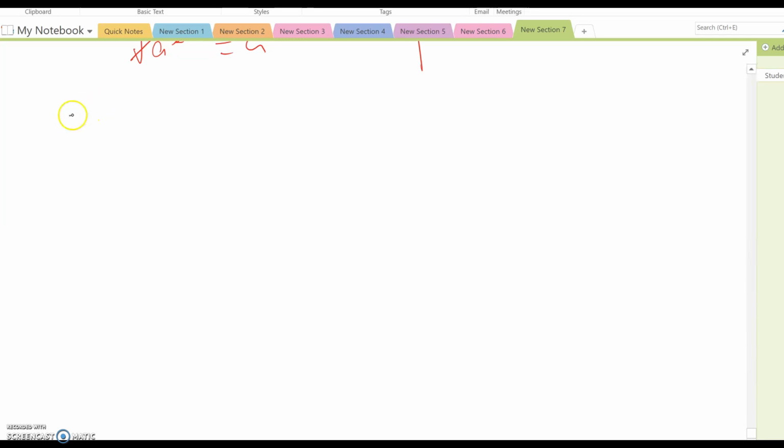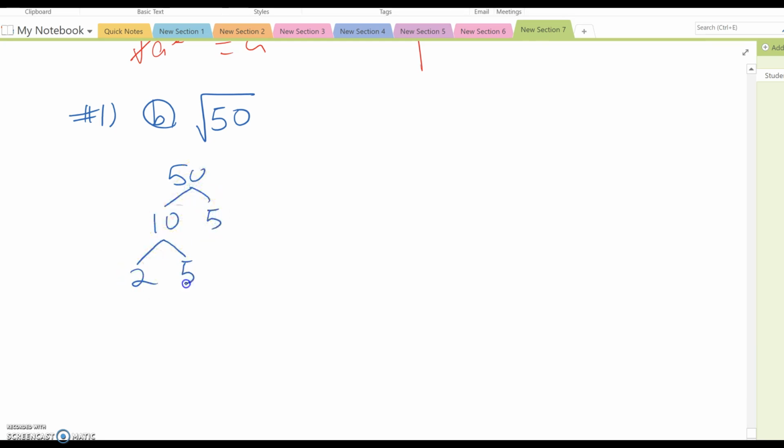So number 1, B here, square root 50. As is, it's not possible to solve it, so we need to find the prime factorization of this number. So 50 means 10 times 5, and 10 means 2 times 5.